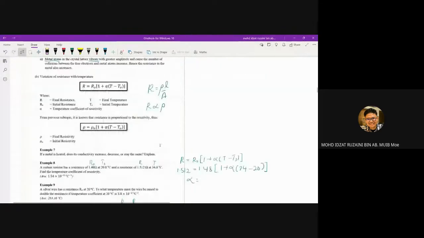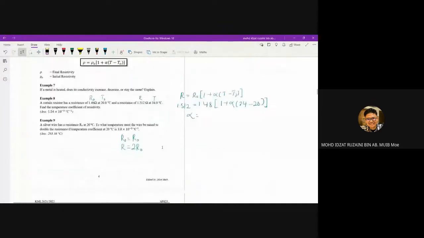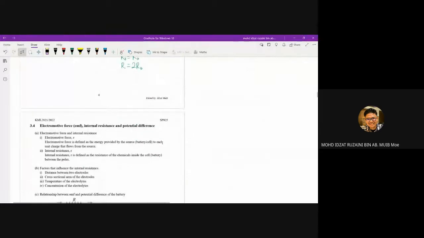Tiga ni semua punya pasal elektrik. In fact, saya rasa banyak benda ini kamu dah belajar waktu sekolah. Mungkin satu dua benda berkembang sedikit daripada apa yang kamu belajar waktu sekolah menengah. Okay, so that's it untuk tajuk ini.